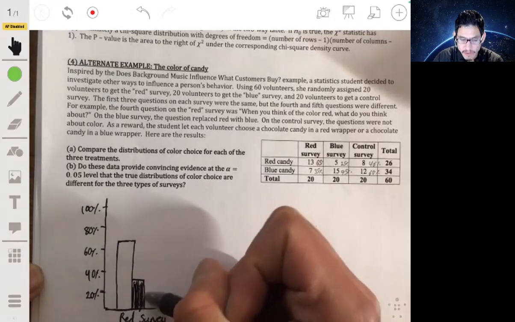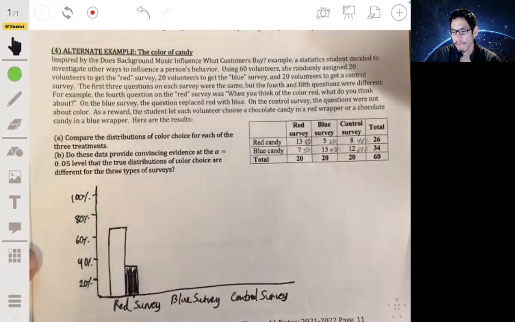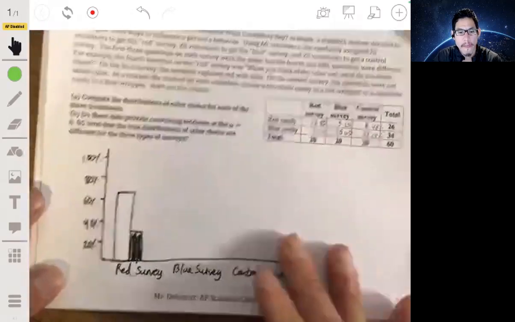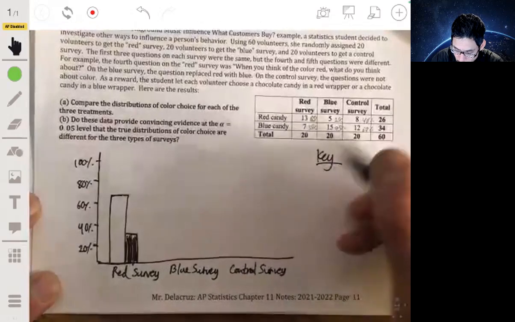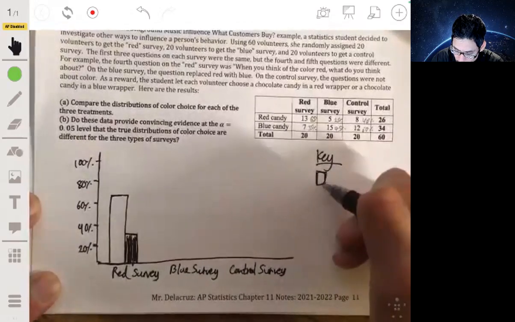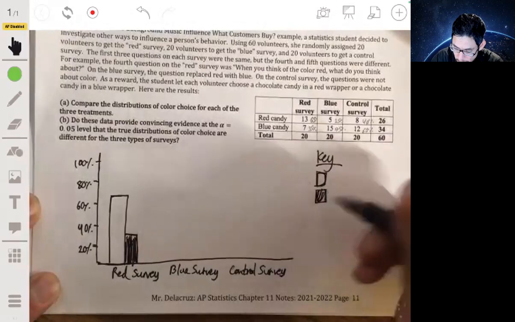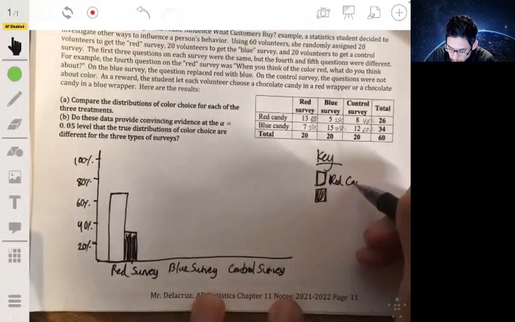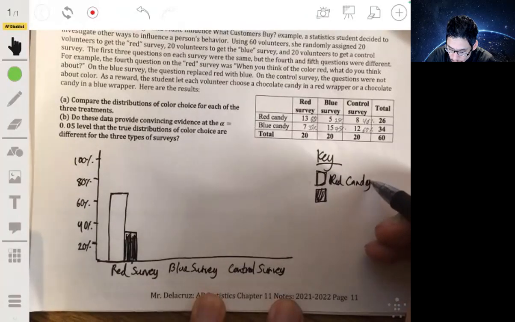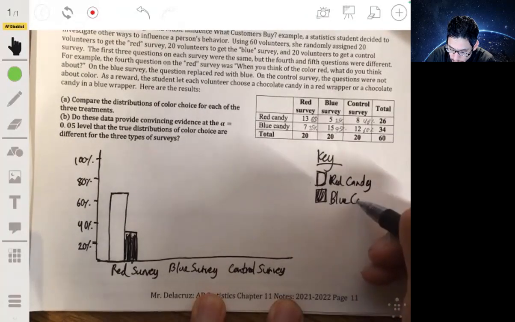And we'll have our key. We'll have the shaded bars be the blue candy. Let's make our key here: red candy, blue candy.